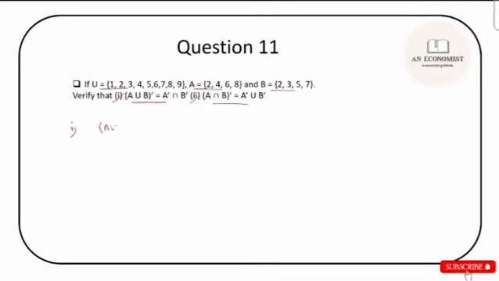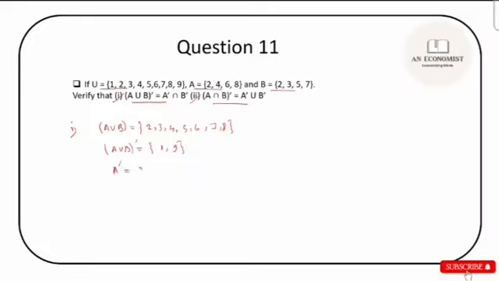Find out A union B. That will be 2, 3, 4, 5, 6, 7, 8. Then find the complement. That will be what? 1, 9. Now start with this side. Find out A complement.